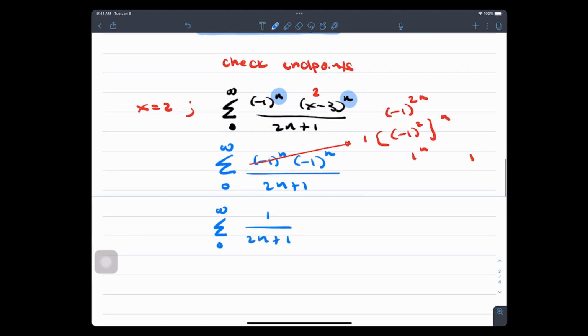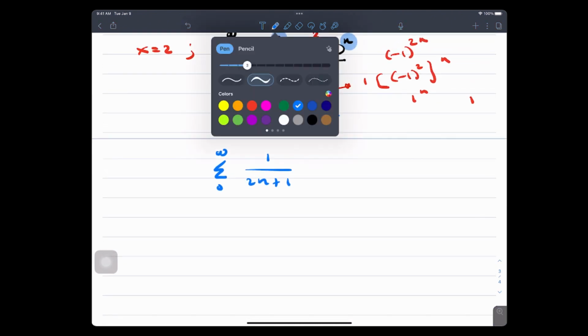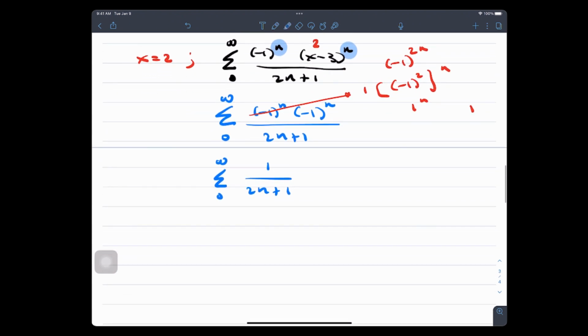This series. So at this point, you might say, well, I don't know if this series converges. Well, there's a couple of things you can use.